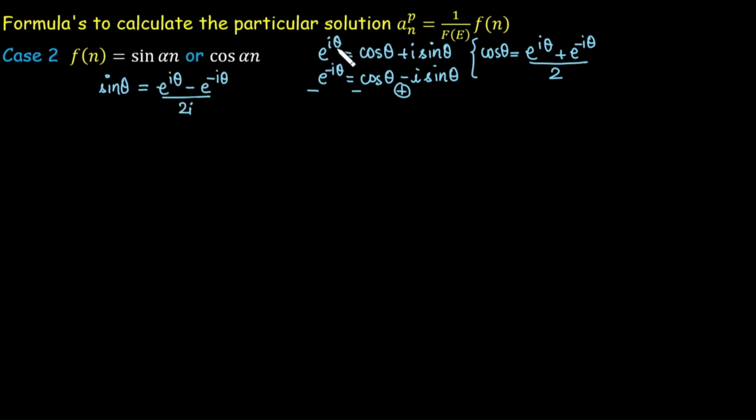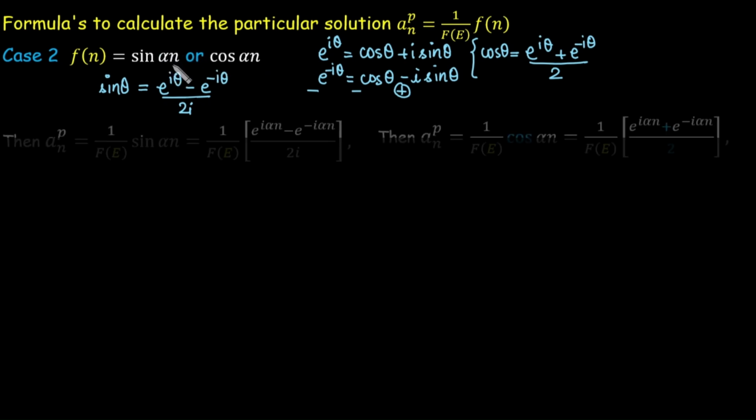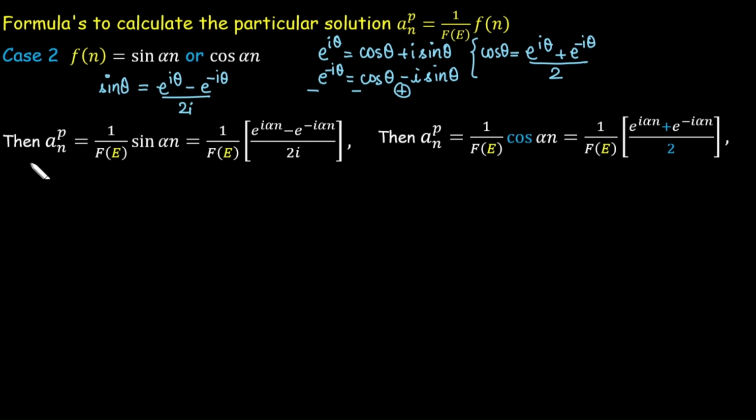Here we have considered theta, but as per the situation, theta is equal to alpha times n. So the first case is we will write the function with sine alpha n and here a cos alpha n. Write the value of sine alpha n, that is e raised to iota alpha n minus e raised to minus iota alpha n divided by 2 iota, and this term is as it is.